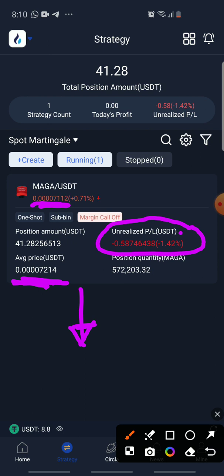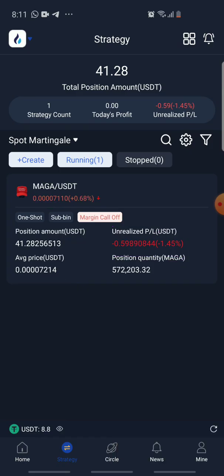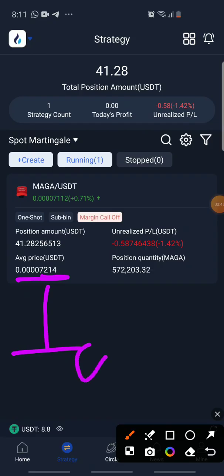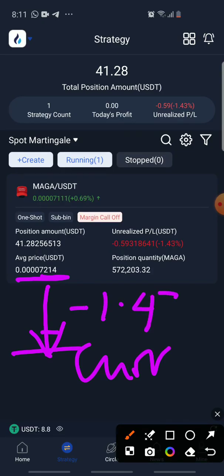And this is the percentage by which the coin is down below the average price. So if this is the average price and this here is the current price, the percentage drop is that my coin is below by negative 1.43%. So that's a brief note of information that you can get from here.